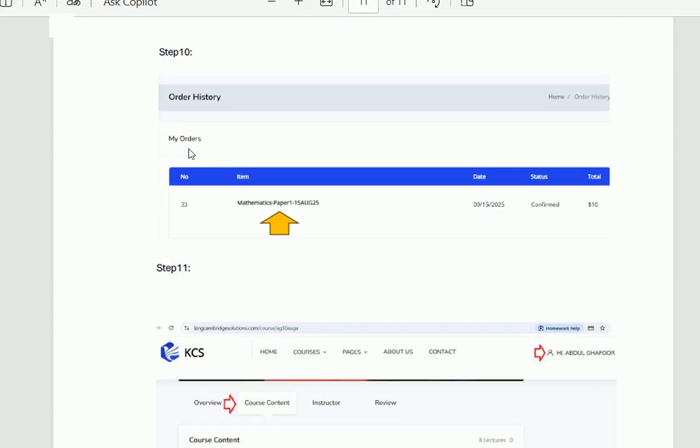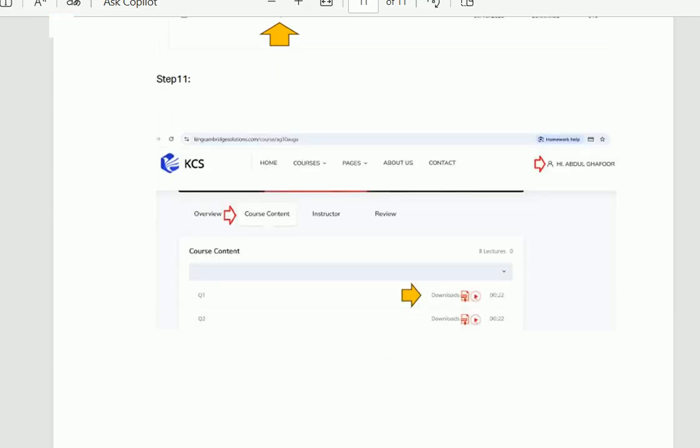When you click this link in your order history, in the content section of the website, you will see the different icons of question 1, question 2 up to question number 11.